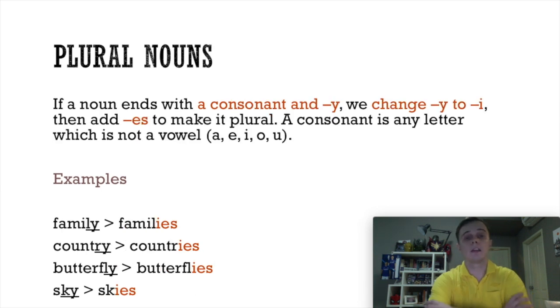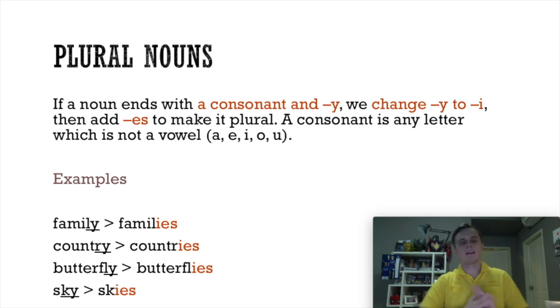We also need to remember that if a noun ends with a consonant and y, we change y to i and then add es to make it plural. So you need to remember that a consonant is a letter which is not a vowel. And vowels are a, e, i, o, and u.